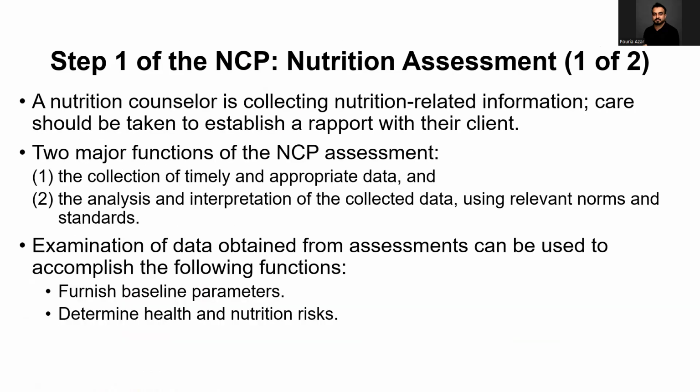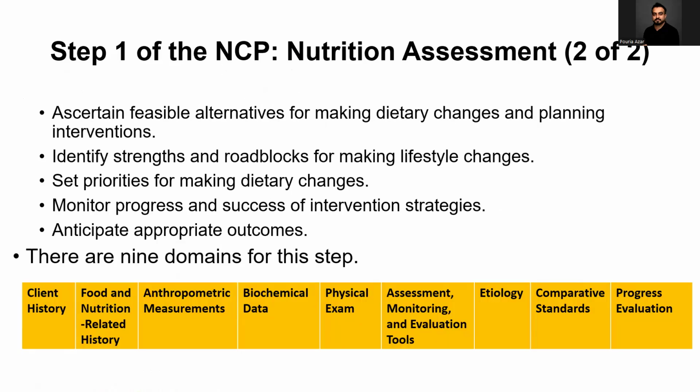So, when we are examining data obtained from assessment, we need to furnish baseline parameters. We need to determine health and nutrition risks. We need to identify feasible alternatives for making dietary changes and planning intervention.